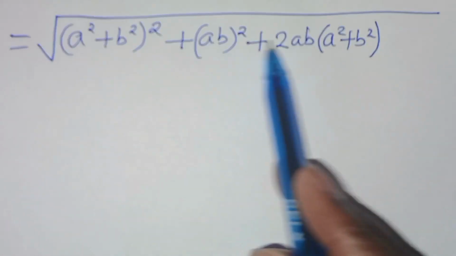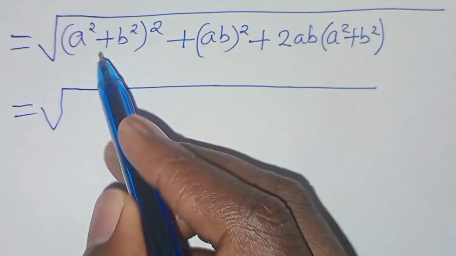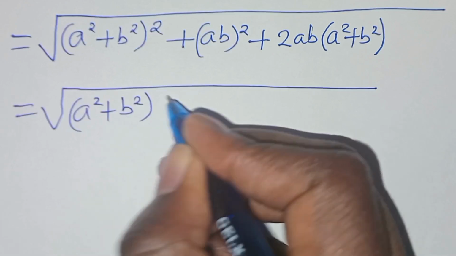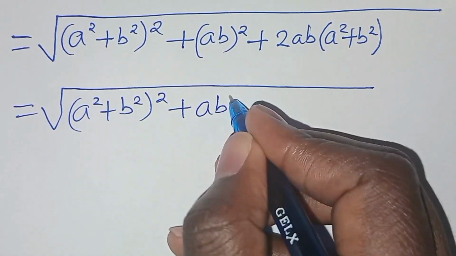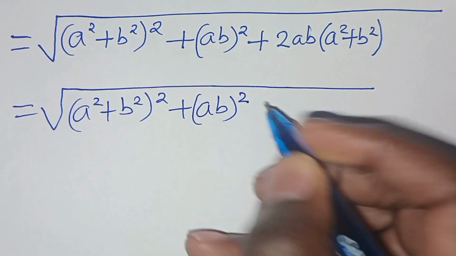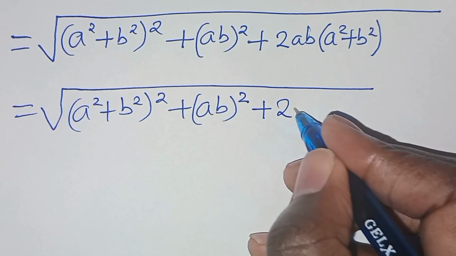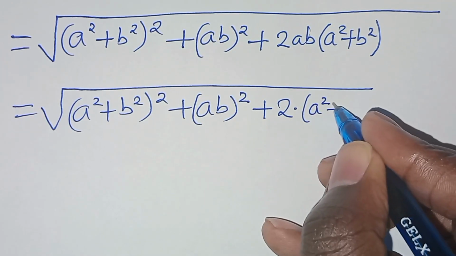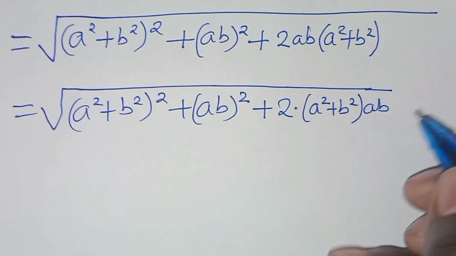Now we can express this as the square root of, again, a squared plus b squared squared, plus ab squared, then plus 2 times x squared plus b squared times ab.